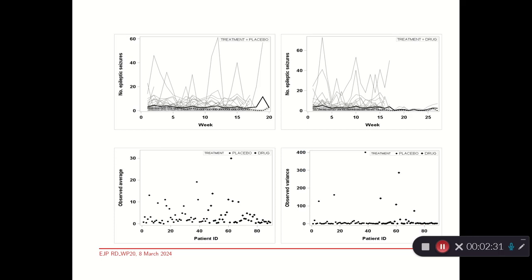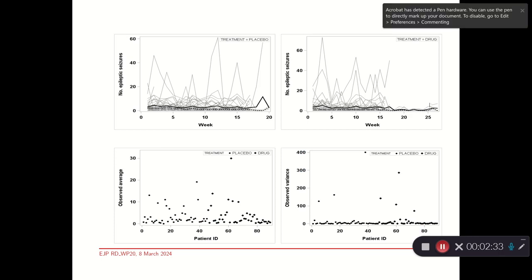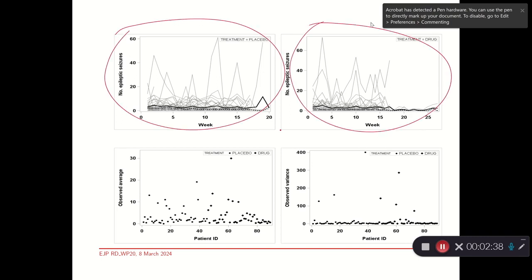But before we do that, here is a view on the actual data. At the top, you see the placebo arm and the active arm. And what is obvious is that several profiles in both groups, quite many, follow more or less the trend that we see overall.